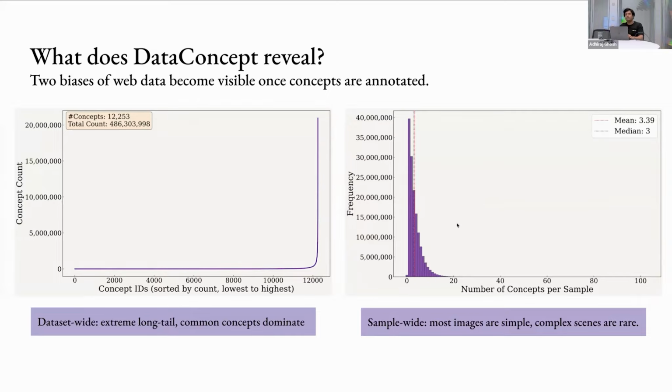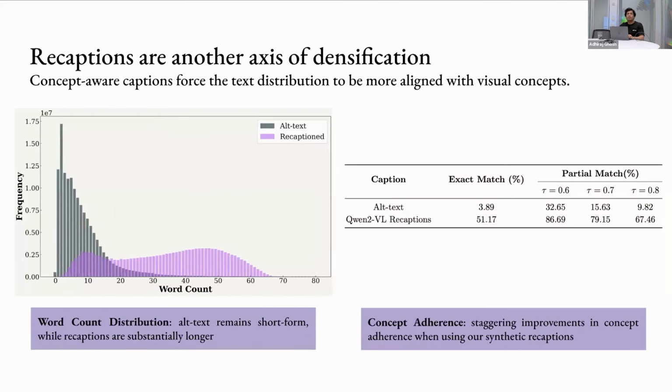On the right, we show the number of concepts per sample, to show how complex images are. It's left skewed, so images are generally very simple, with a median of 3 concepts detected per sample. The samples mostly have common concepts such as man or woman or flower in the general pool.